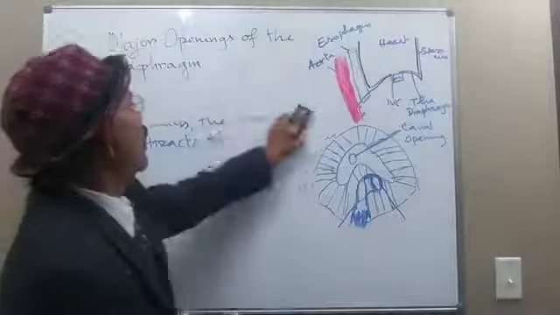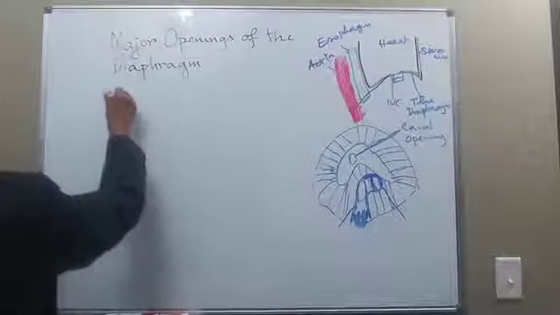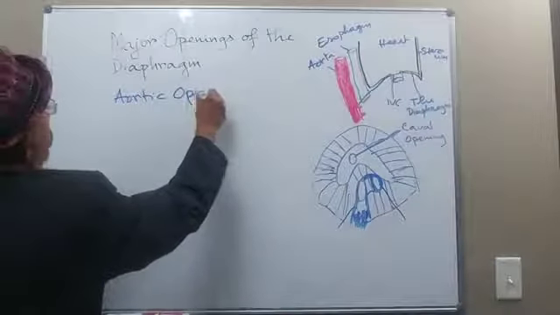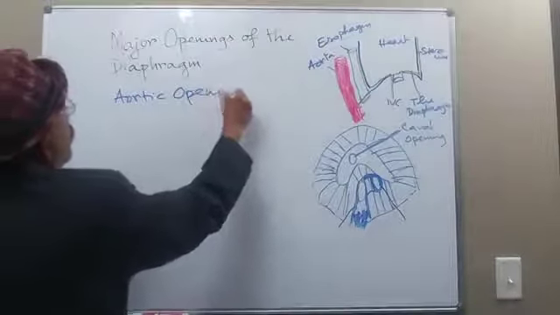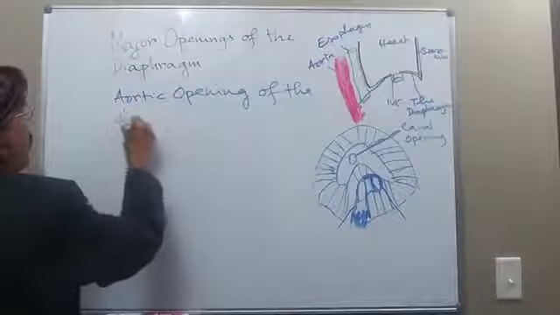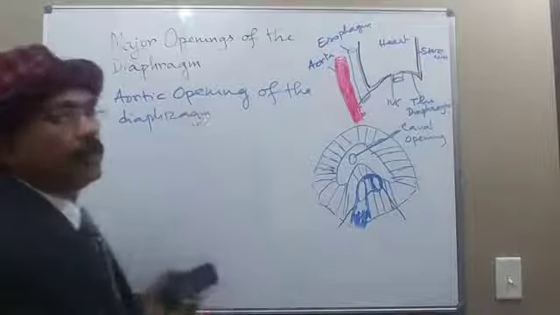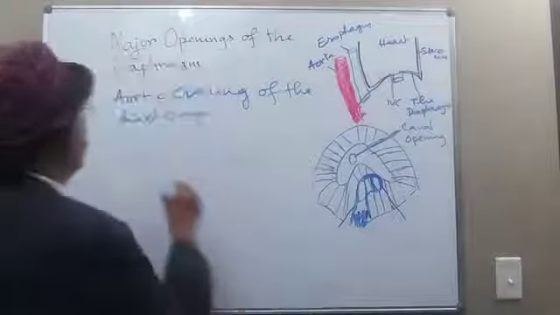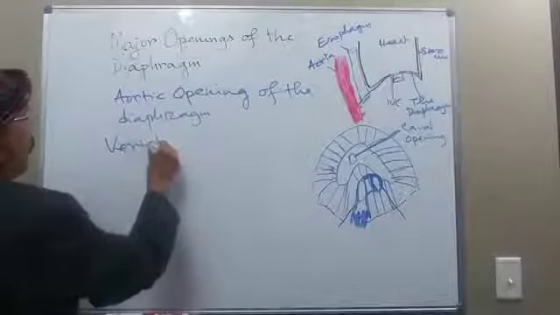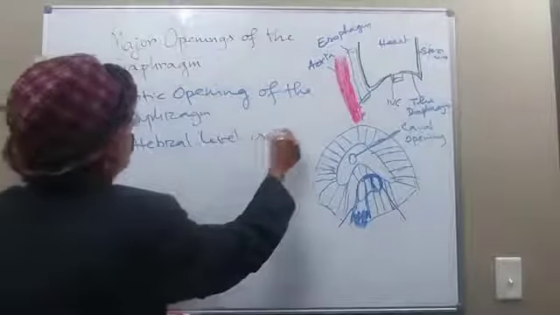Now we'll go to the aortic opening of the diaphragm. What is the vertebral level? It is T12.